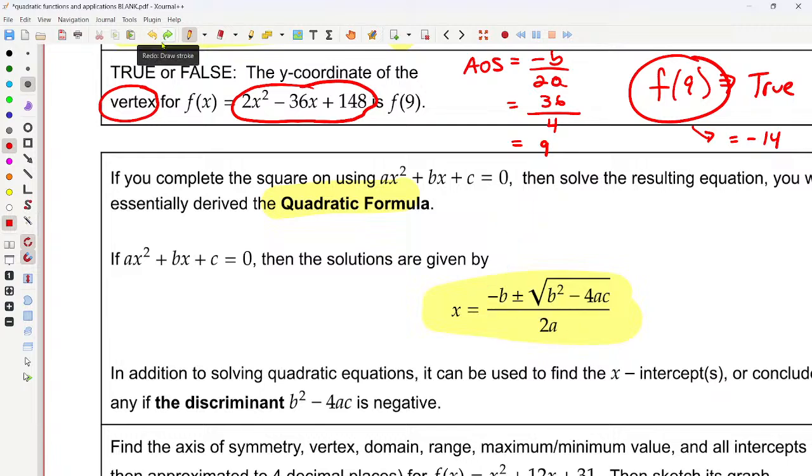I can't go without saying this. There is one fundamental, important aspect of this formula.